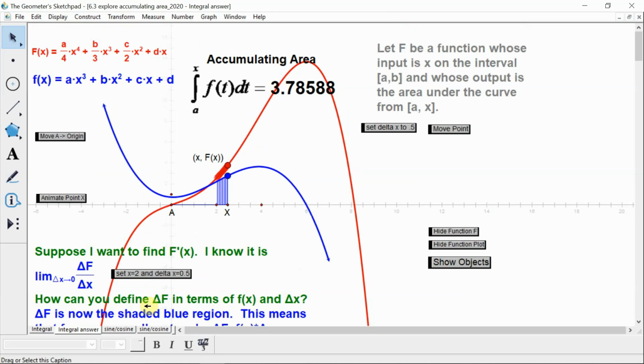How can you define delta capital F in terms of f of x and delta x? Now, you should keep in mind that delta x is going to 0.